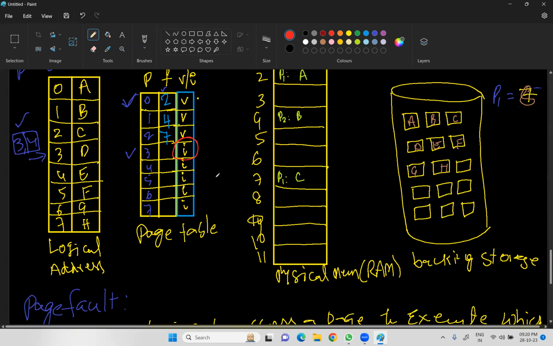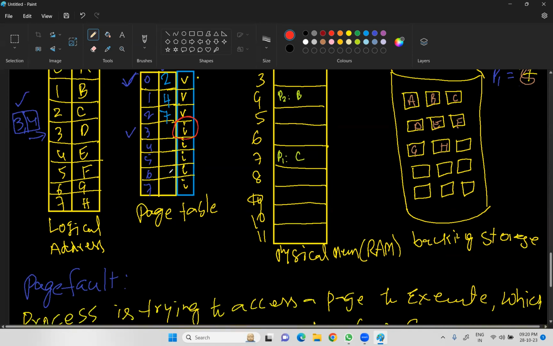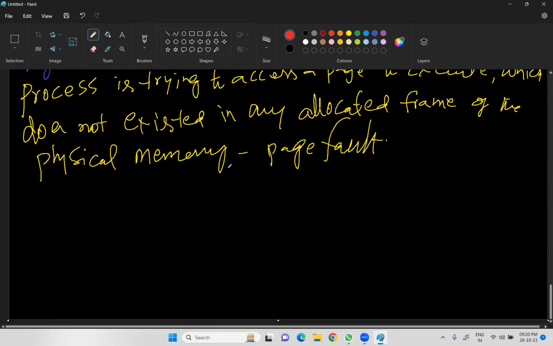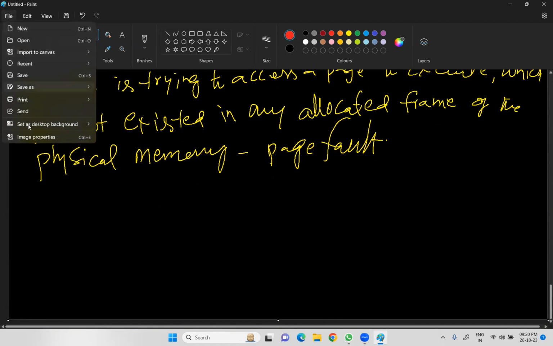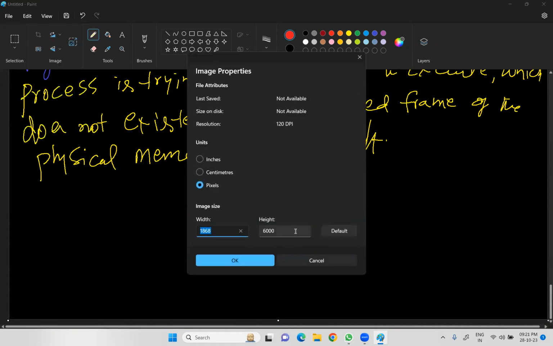Then what shall we do? The coming diagram is very important. While talking about your final examinations, the demand paging diagram that I am going to give you is very important for you. So when a page fault occurs, what exactly does our process do?